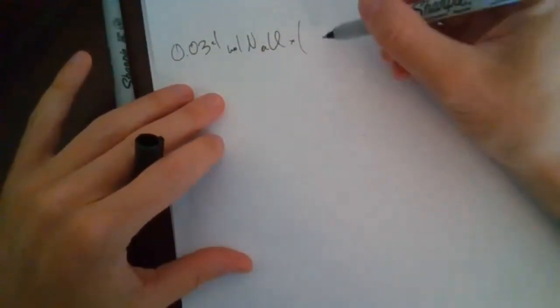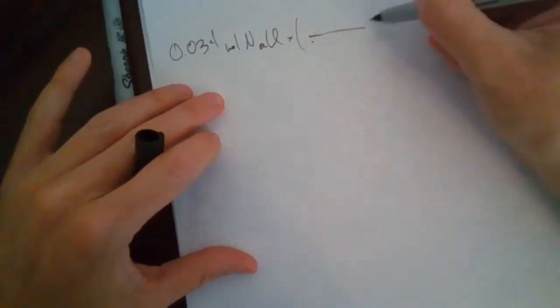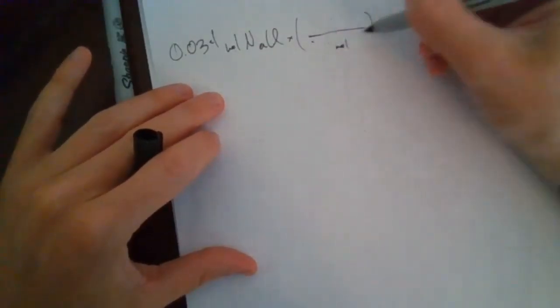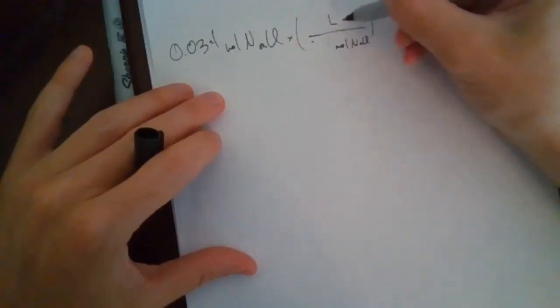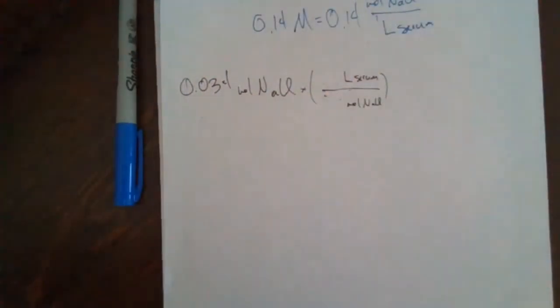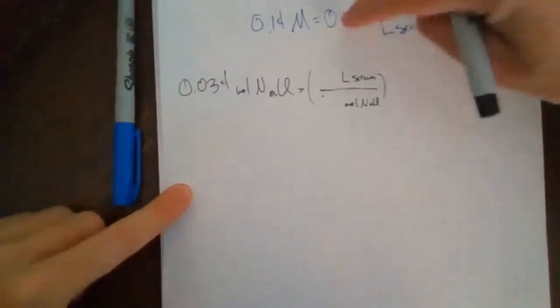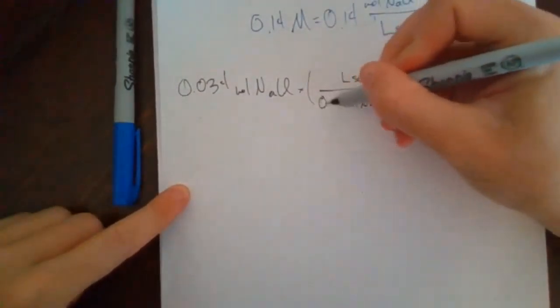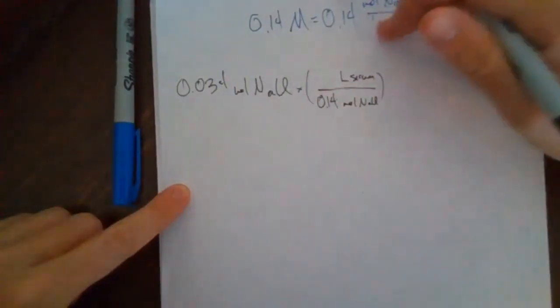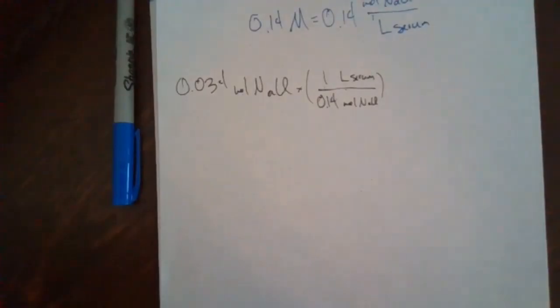So I can actually set it up like a unit conversion problem, where I want to go from moles of NaCl to liters of serum, which is my solution here. I'm going to take this molarity number that I have up here, and I'm going to use that. The 0.14 moles stays next to the moles, and per liter is the same as 1 liter of solution. And so you can see it's 0.034 times 1 divided by 0.14.